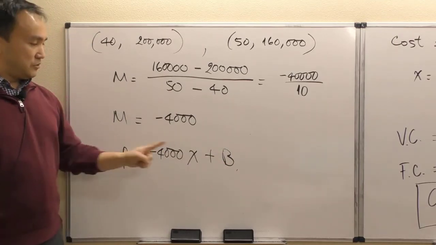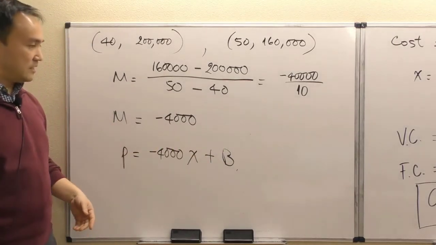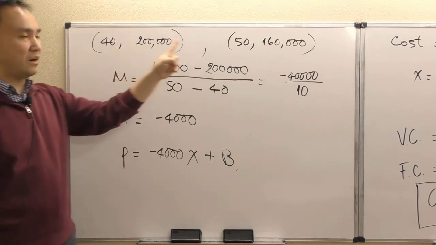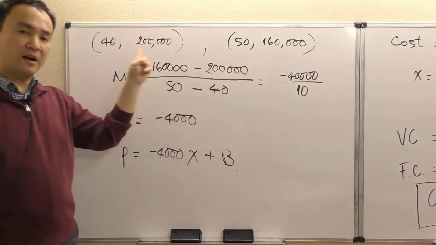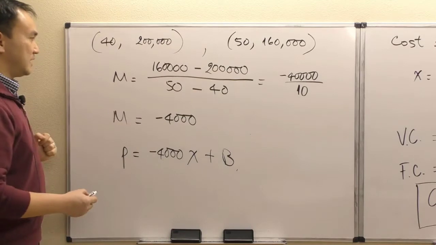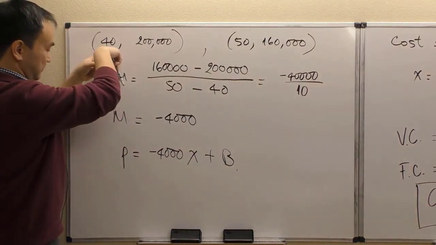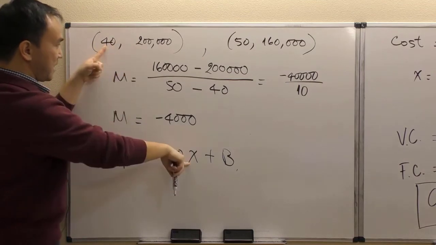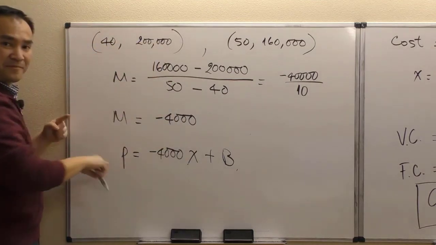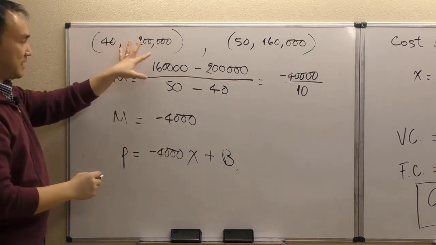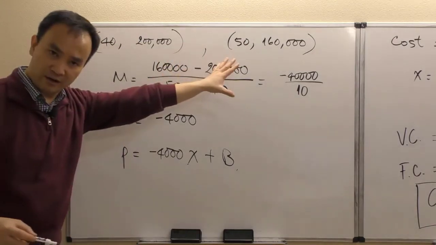And so to find B, it's now quite an easy solution. We can simply pick one of the two pairs of values and substitute it in, x for x, p for p. I can easily pick the first pair right here, even though anyone can also pick the other pair.